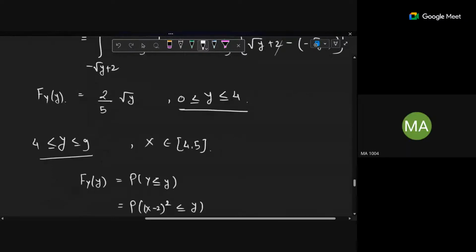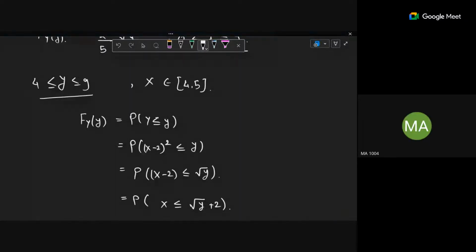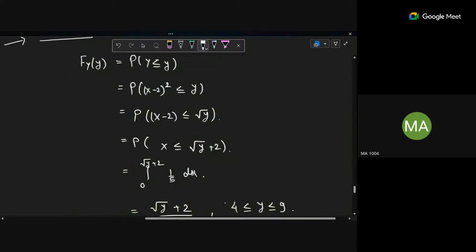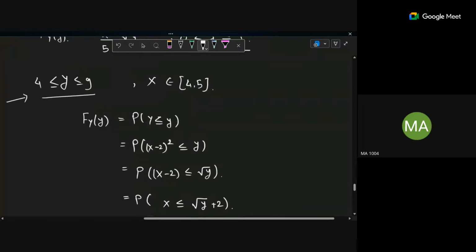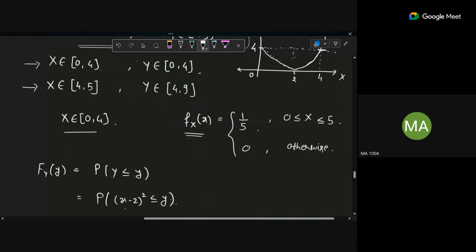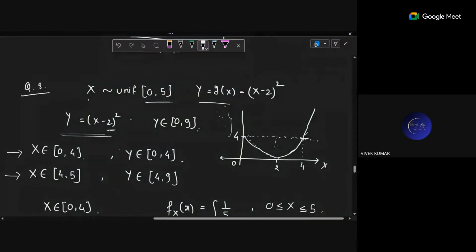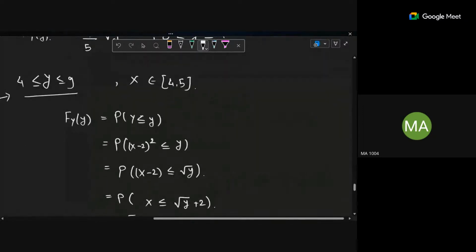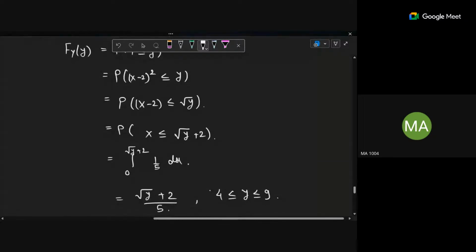See, in the second part, whenever your x is ranging between 4 to 5, your graph here is not symmetric. It's this right portion only we are considering, right? That's why we will take the limits from 0 itself, not from the negative square root y.